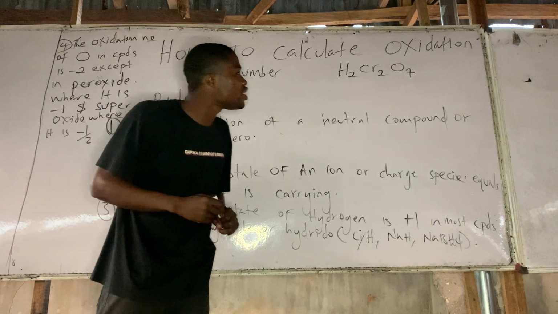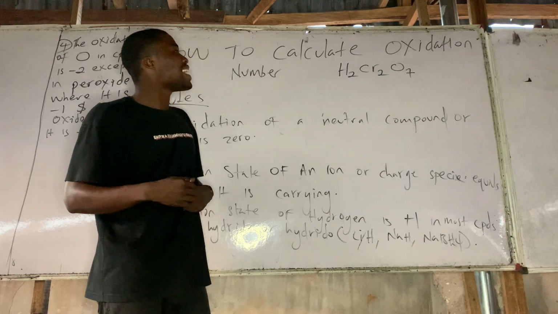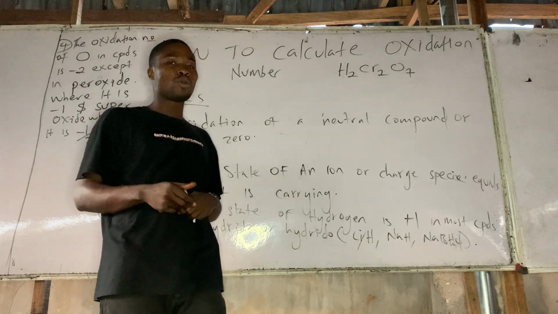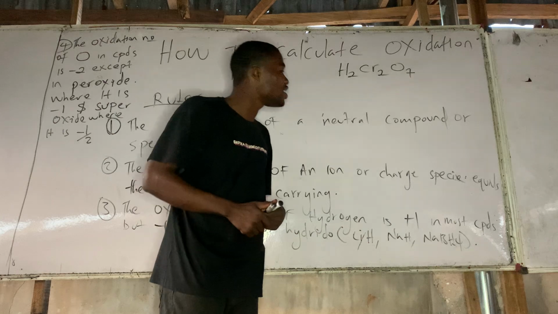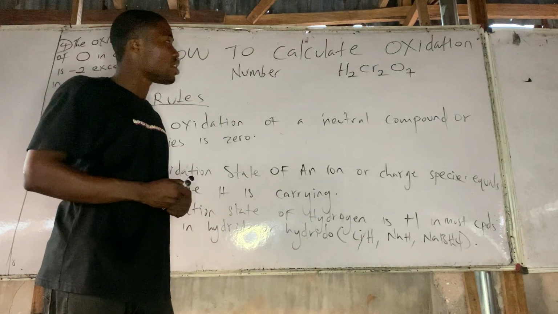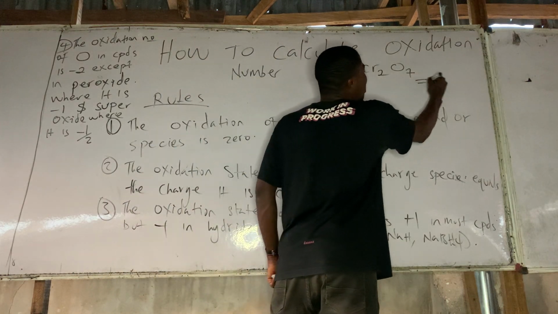Dichromic acid on the board is H2Cr2O7. They can ask us to calculate the oxidation state of chromium, Cr, because the oxidation states of hydrogen and oxygen are well present and illustrated in the rules. Quickly, since it's a neutral compound, the oxidation state will be 0.